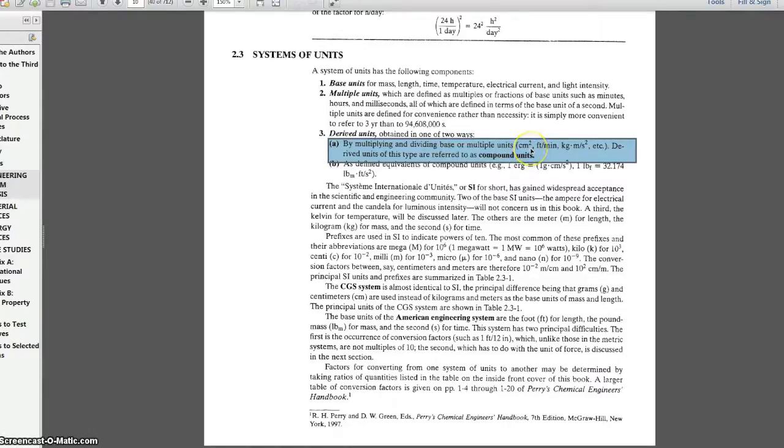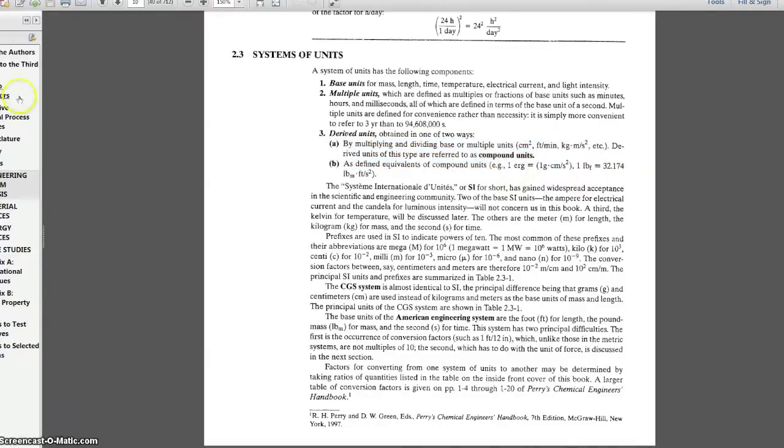So this is you multiplying length over length, while feet over minute is dividing length over time, while kg·m over s square is multiplying mass with distance and dividing by the square of time. Derived units of this type are referred to as compound units.